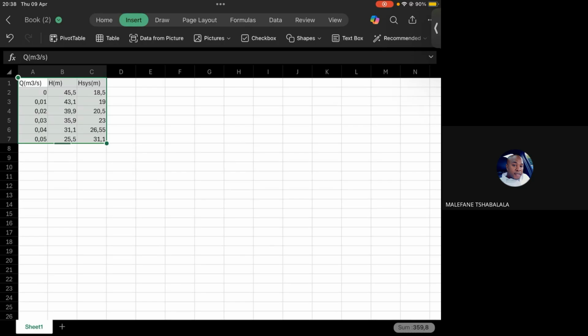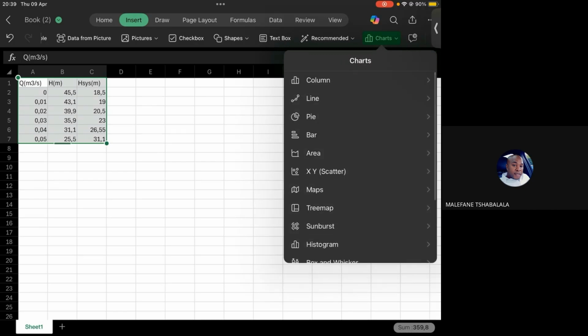Under Insert, there will be an option for charts. Go to that option, and because a centrifugal pump graph is a scatter plot type, under the charts you'll select the scatter plot, always scatter plot.